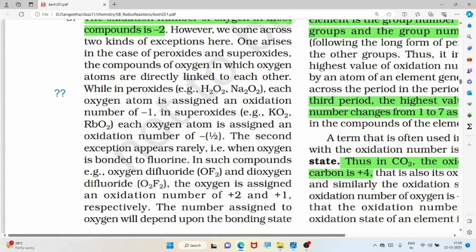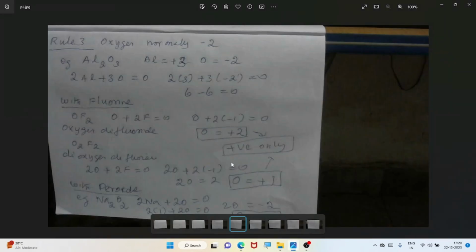In superoxides, each oxygen is assigned -1/2. The second exception occurs when oxygen is bonded to fluorine. In such compounds, oxygen difluoride and dioxygen difluoride, the oxygen is assigned a positive oxidation number.